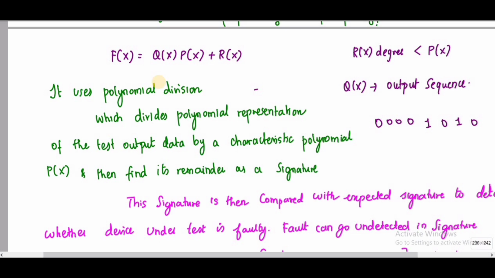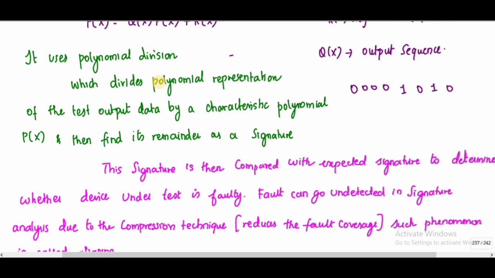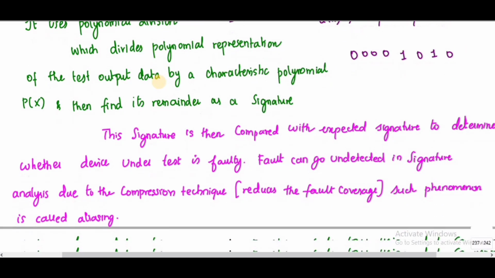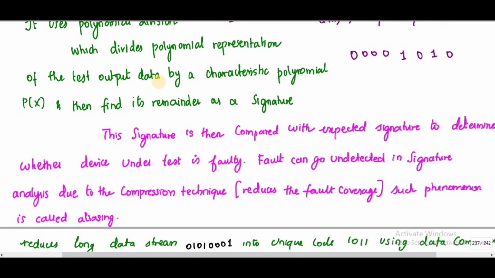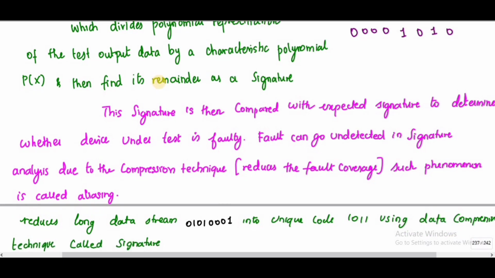Okay, so this signature is compared with the expected signature in order to detect whether the device under test is faulty or not. Okay, so a fault can go undetected in signature analysis due to the compression technique. That is, it reduces the fault coverage. Such a phenomenon is called aliasing.